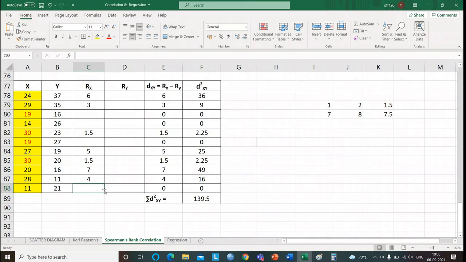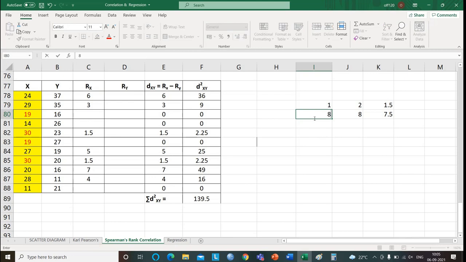So this was the mistake we made earlier. Because of omitting this value, 19 got 7th and 8th rank, so we gave 7.5 over there. But now as per the numbers, 19 has to be given 8th and 9th ranks.